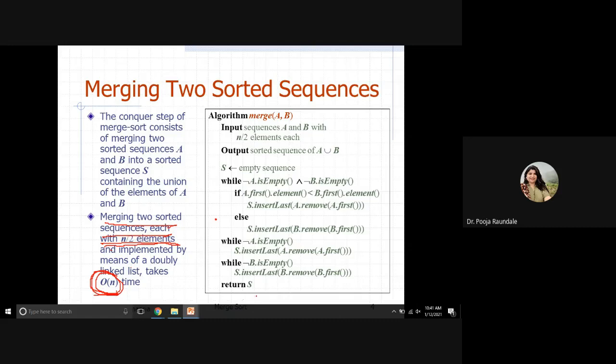So for example, we have here two sorted arrays. This is your first sorted array, and this is your second sorted array. When we are applying the merging, I'm not saying sorting, both are already sorted arrays.